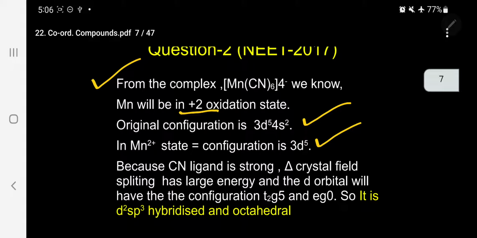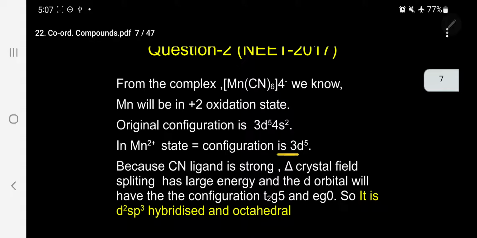Because CN is a strong ligand, the crystal field splitting energy is large, and the d orbitals will have the configuration t2g5 and eg0. So it is d2sp3 hybrid orbitals.